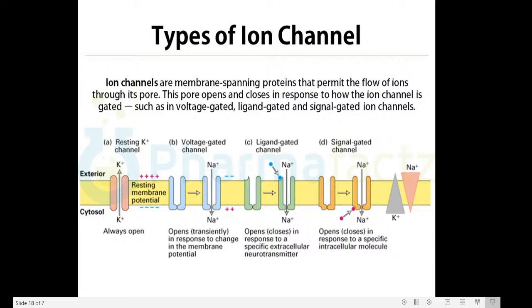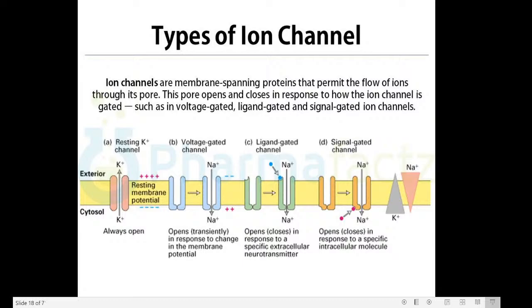These are the resting potassium channel, voltage-gated channel, ligand-gated channel and signal-gated channel. Some of them directly allow only potassium. That potassium channel is always open, so ions can enter and exit. That is one kind.